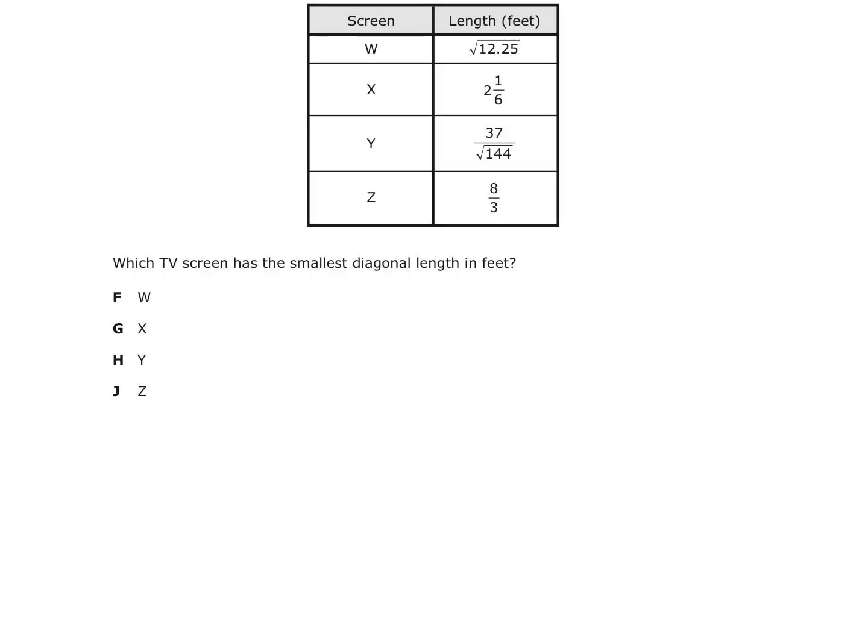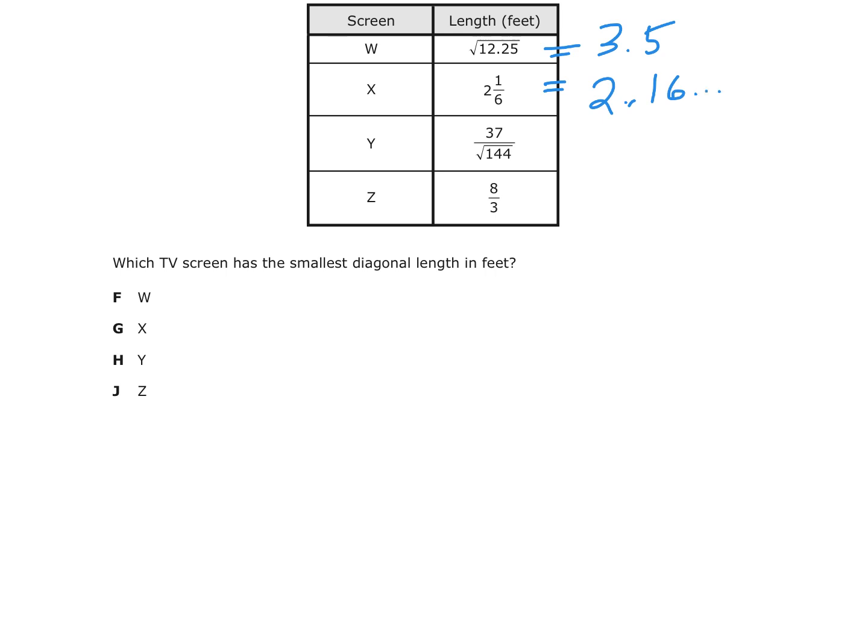Okay, number 16. The table shows the diagonal lengths of TV screens at a store. For screen W, you have the square root of 12.25. Using your calculator, the square root of 12.25 comes out to be equal to 3.5. And 2 and 1/6, if you use your calculator, 1/6 is going to be 1 divided by 6, so it's going to be 2.16 repeating.